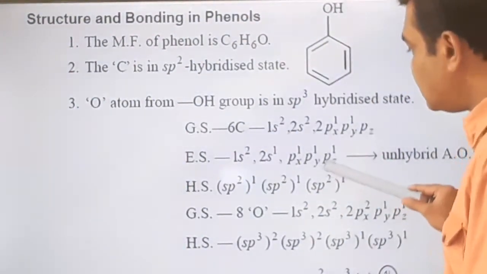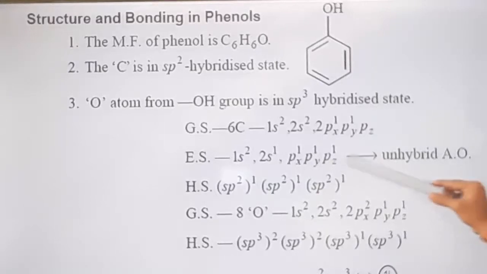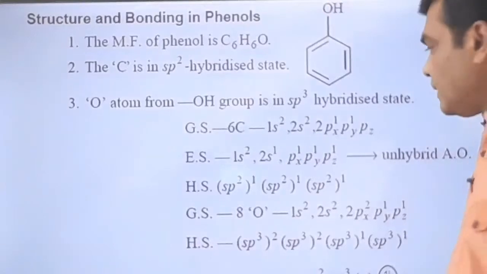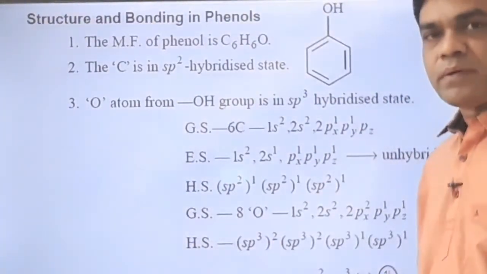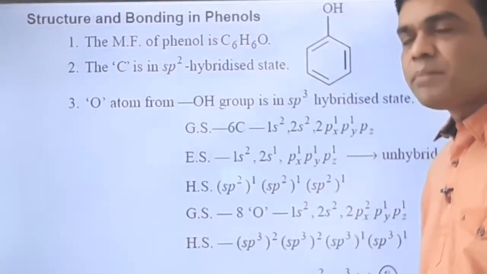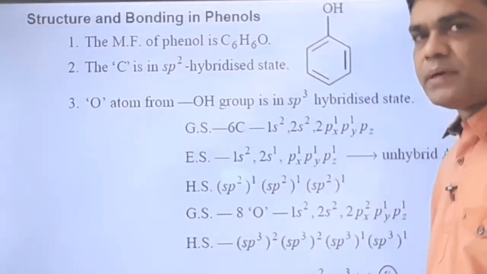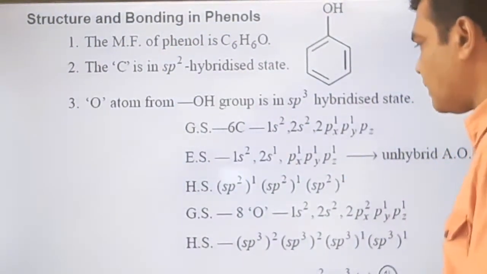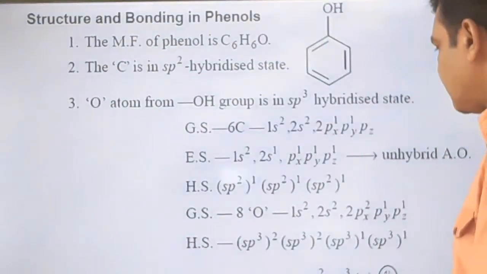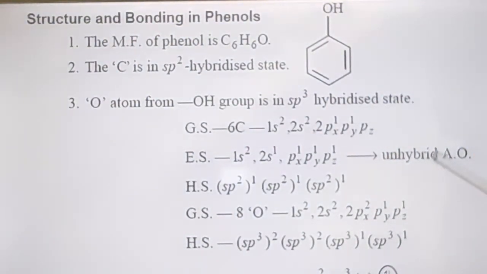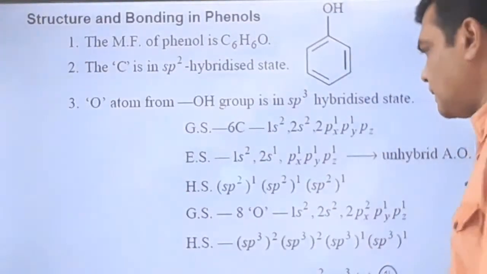So this atomic orbital which does not participate in hybridization is called an unhybridized atomic orbital. And remember that the unhybridized atomic orbital remains perpendicular to the plane of the sp2 hybrid orbitals.